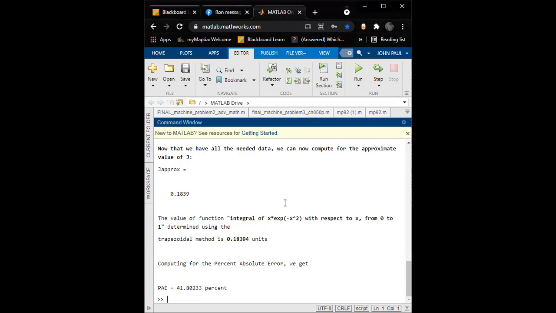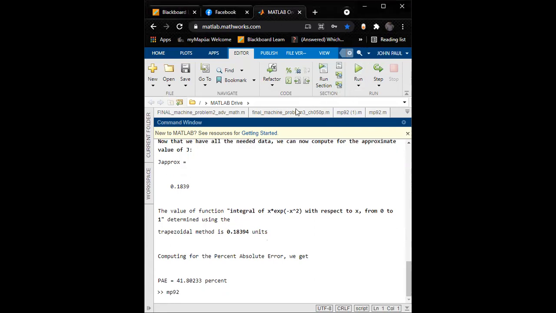The value of the integral of x e to the negative x squared with respect to x from 0 to 1 determined using the trapezoidal rule is 0.18394 units. Computing for the percent absolute error, we get 41.080233%.